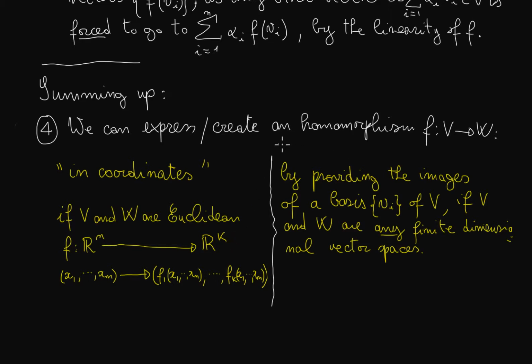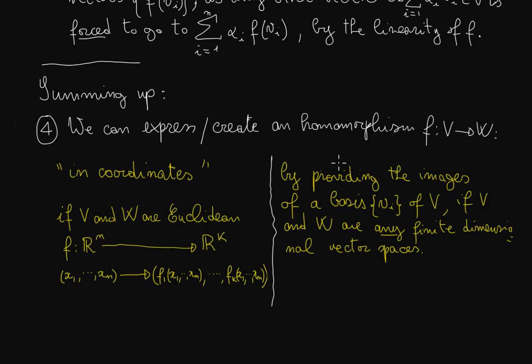Then there is the equivalent of the parametric expression for subvector spaces, which in this case we don't call that. If we don't express f in coordinates, we don't really have a name for this expression. There is no parametric expression for a homomorphism. But the concept is very similar, because we reduce the expression of f to the choice of a basis of the domain and the prescription of where these elements of the basis go in the codomain.